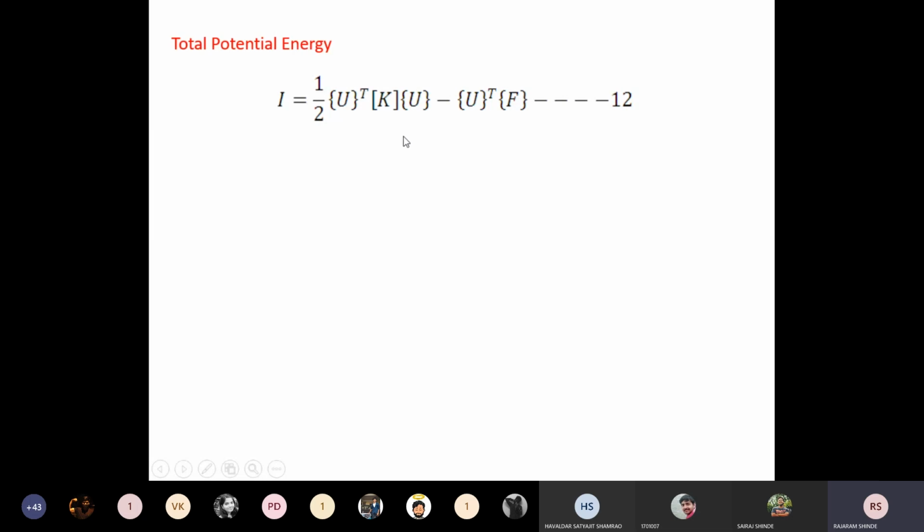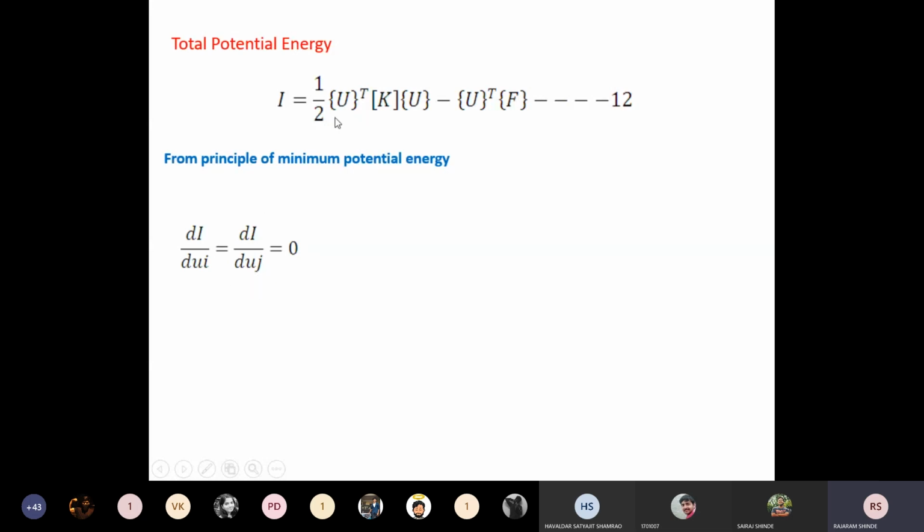Okay, so when we apply the principle of minimum potential energy, the derivative of I with respect to this U matrix should be equal to 0. From the principle of minimum potential energy, dI/dui equals dI/duj equals 0, where ui and uj are the nodal displacements.